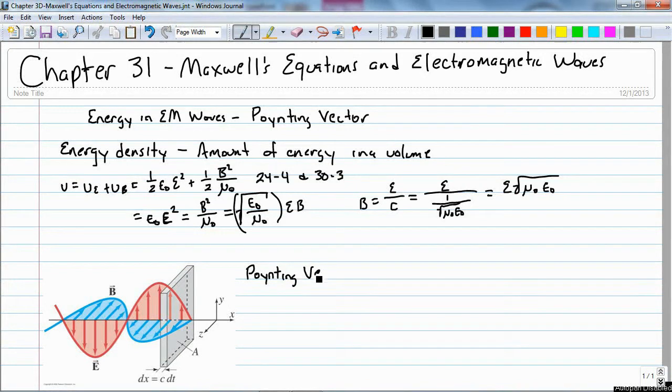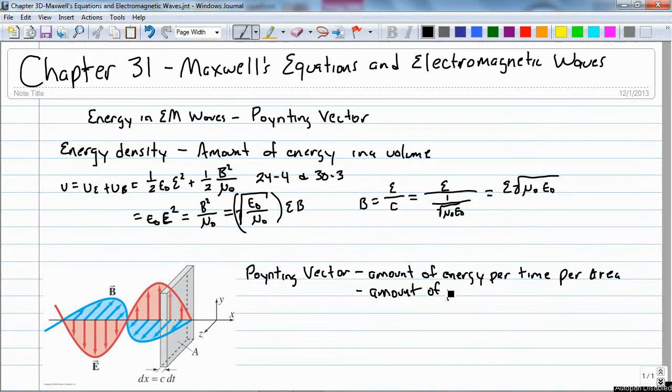So Poynting's vector is similar to intensity. It's defined as the amount of energy per time per area. Or it's the amount of power per area.